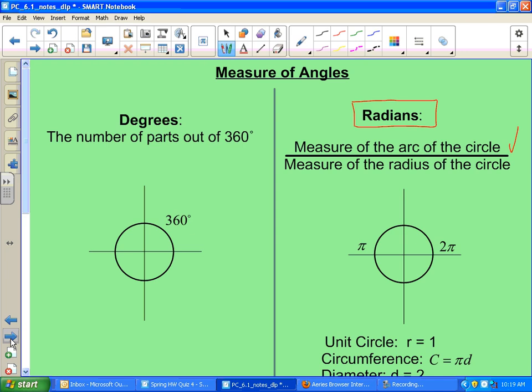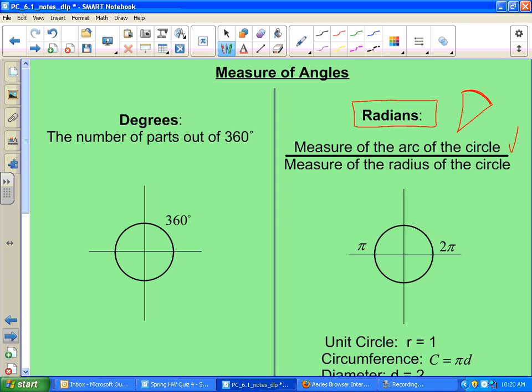And a sector would be the slice of the pizza. So when we say the measure of the arc, we're talking about that right there is my arc. Now you can see that an arc can be anything from just above 0 degrees all the way to 360. Actually, I can go all the way around and still have an arc of 360. It's just one full circumference.